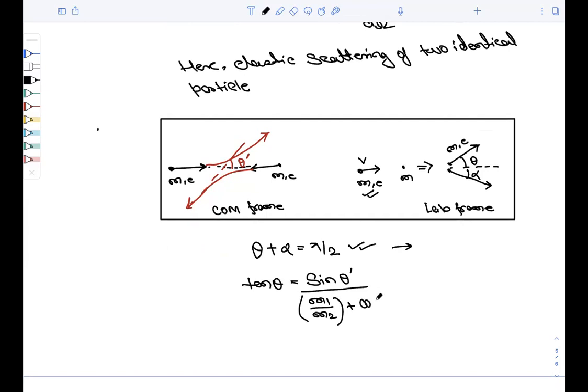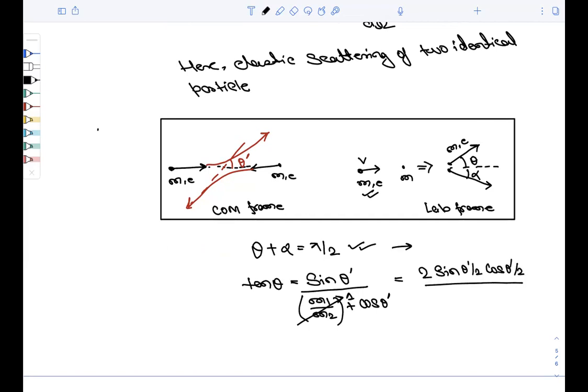So plus cos theta dash, right? Put the value here. These are identical particles, so it will tend to 1. So sin theta dash by 1 plus cos theta dash will become 2 sin theta dash by 2 cos theta dash by 2.